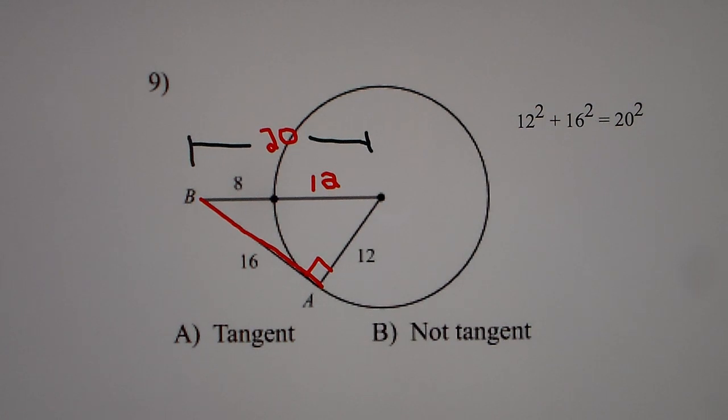We crunch that out. We use a calculator to always double check everything, but 12 squared is 144. 16 squared is 256. So 144 plus 256 equals 20 squared is 400.